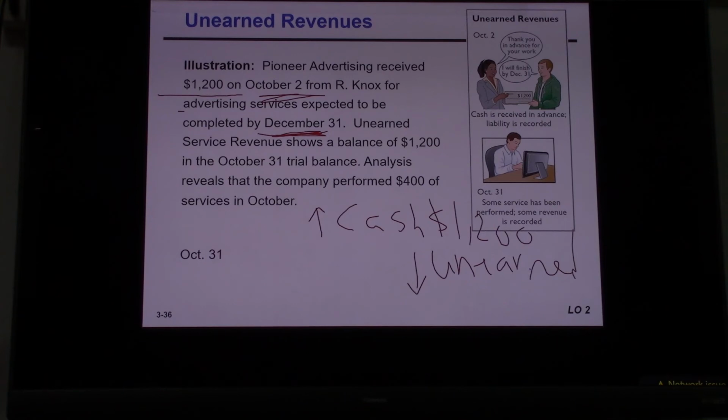Then on October 31st, analysis reveals that the company performed $400 of services in October. In this case, an adjusting entry is needed to recognize service revenue by this value because you performed part of the service by $400. So service revenue will increase. We now can recognize service revenue. So if we are required to perform an adjusting entry on October 31st, can we now recognize service revenue?